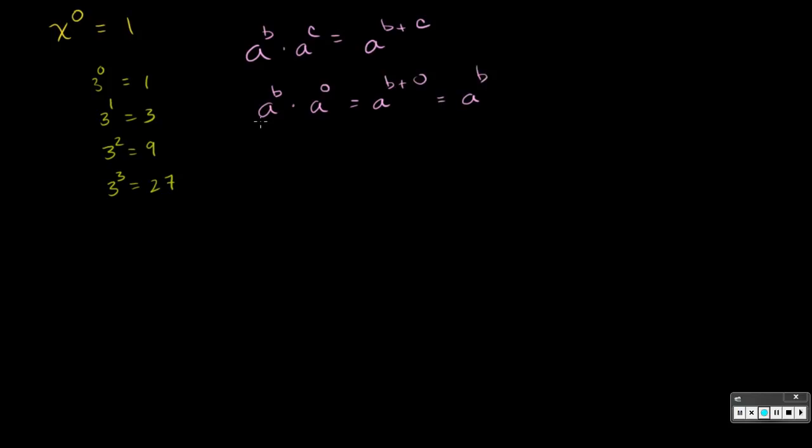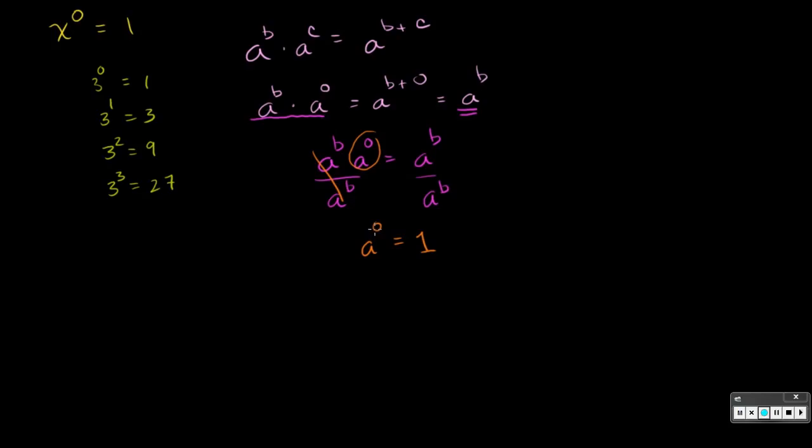So a to the b times a to the 0 must be equal to a to the b, right? b plus 0 is b. If you divide both sides by a to the b, what do you get? The left-hand side, you're left with just a to the 0, right? These cancel out. a to the 0 is equal to 1.